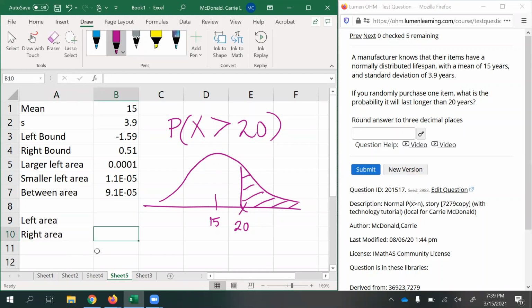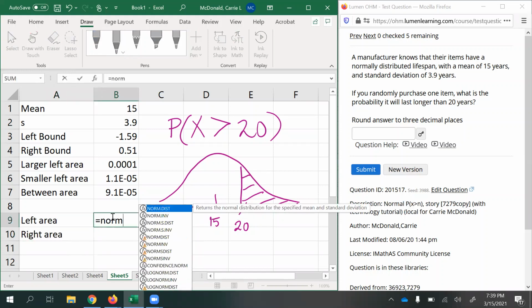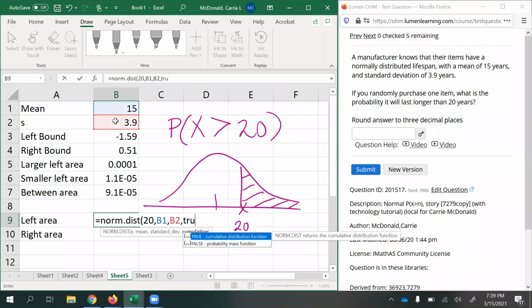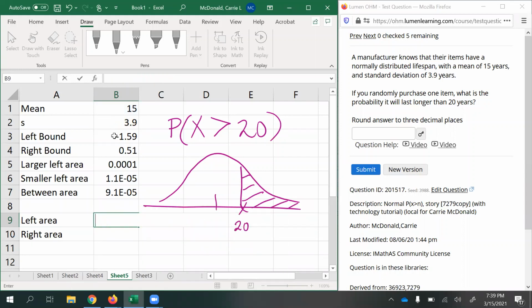Since we want the right area, we use the NORM.DIST with 20 and then a mean of 15, the standard deviation of 3.9, and true for cumulative. And you could use that as your left bound or your right bound if you wanted to set it up in your calculator, if it's one that doesn't have a between.